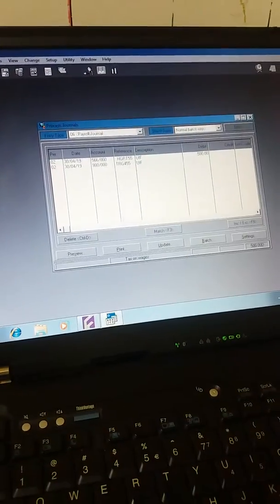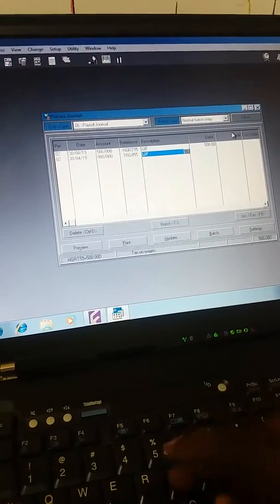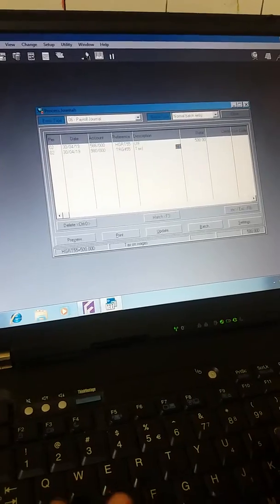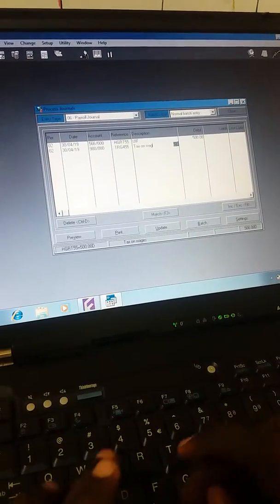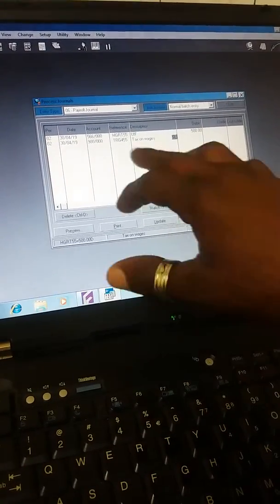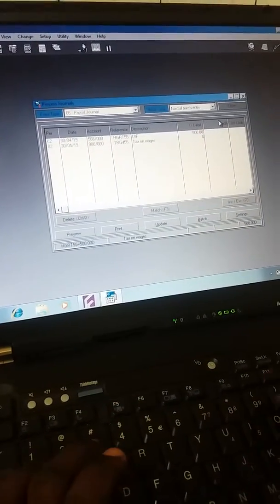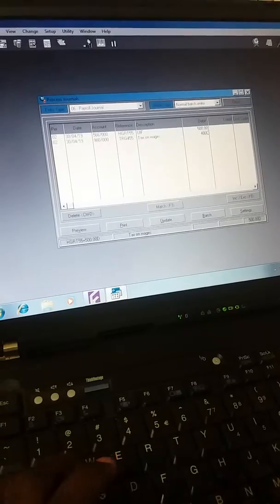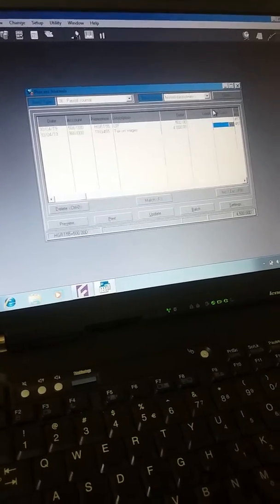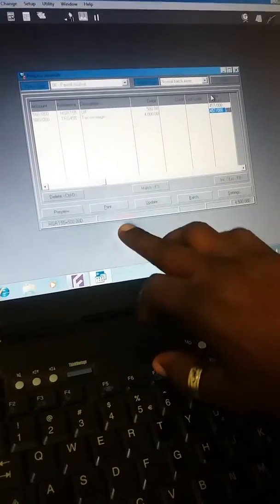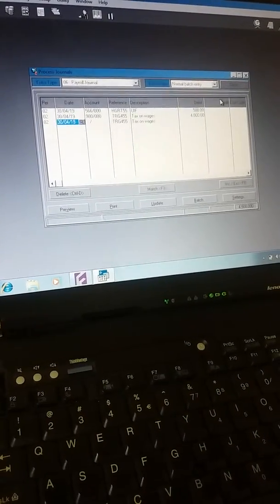We tap the reference. The description is going to be tax on wages. The amount which the owner of the company is paying to the government is deducted from the workers' tax on wages. Then we put the amount. Let me take maybe 4,000, for example. And the contra account is going to be gross salaries. And then we're done. Finish.